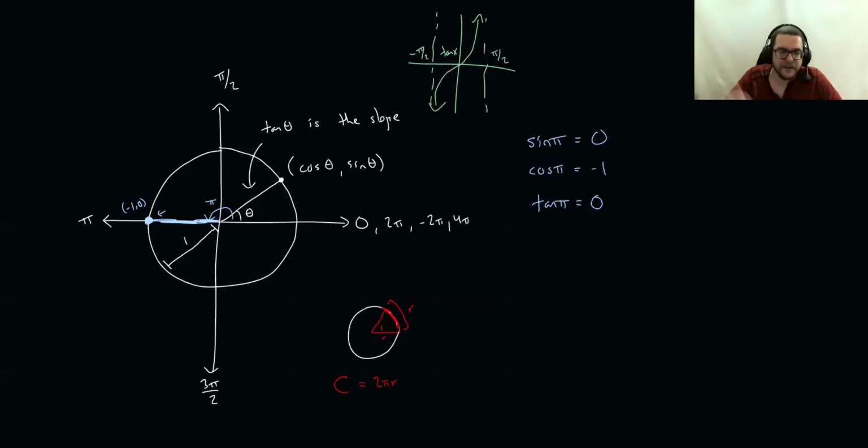Well, why is that? Because as I approach the angle of pi by 2, as I approach this point, the lines that I have leading up to that point are getting steeper and steeper, right? And the slopes of those lines are growing unboundedly. That's why the function tan has these asymptotes.